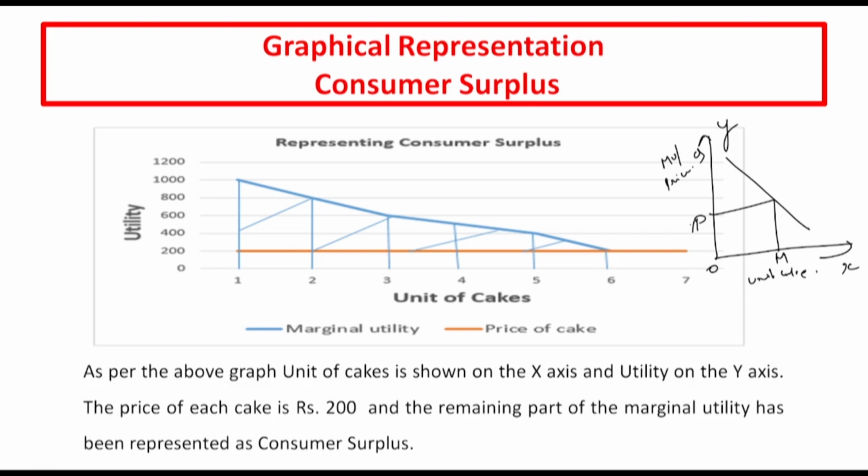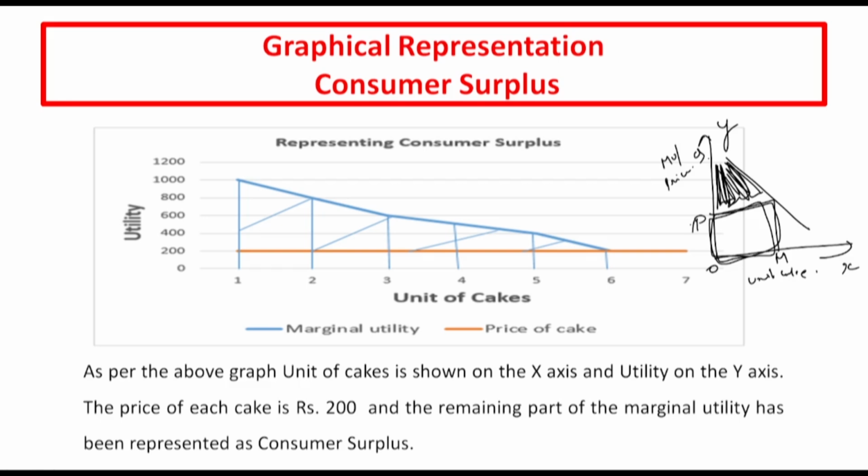So what he is actually paying is this much, OP and OM, and the consumer surplus is this area, because you are going to subtract. He was ready to pay this entire area, but he is paying only this area. This is the consumer surplus for him.